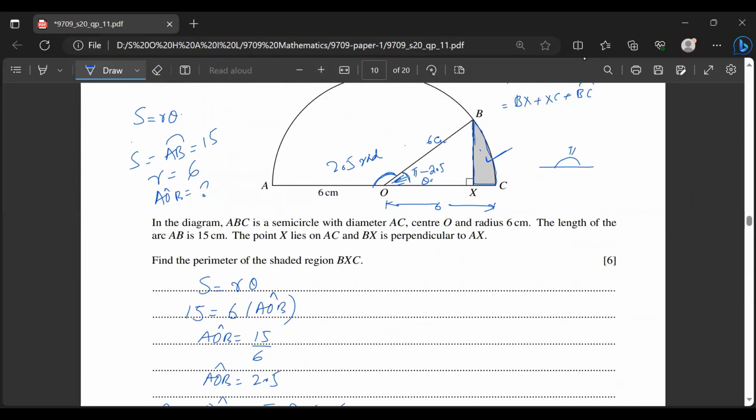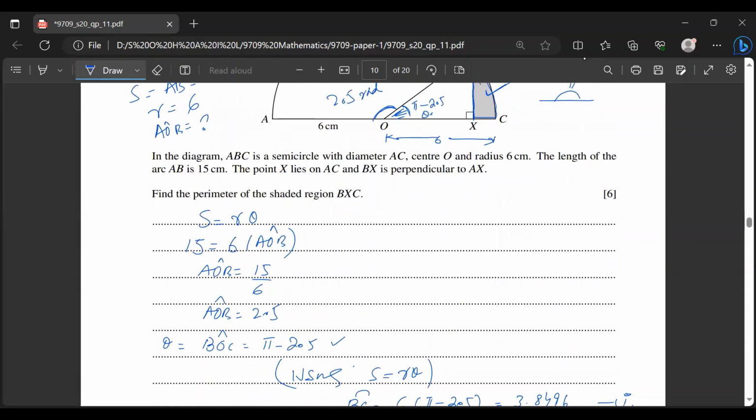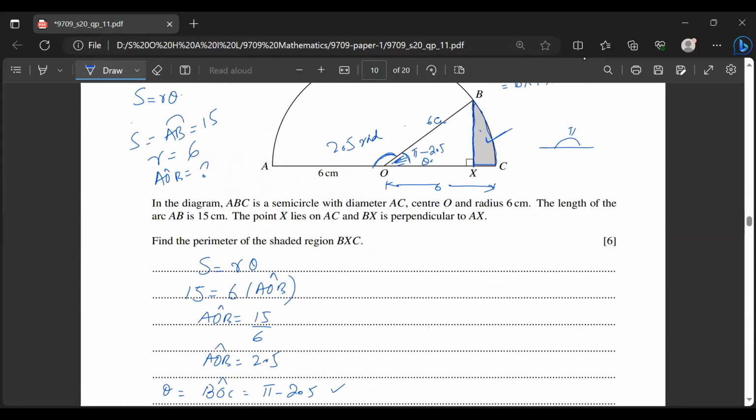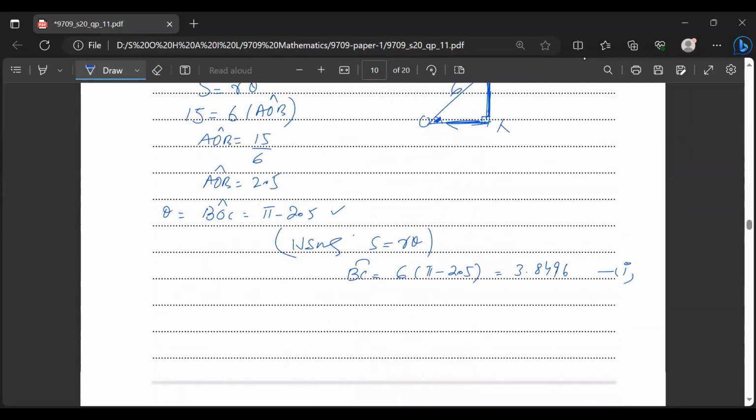Next, we need the length BX, from the triangle OBX. In this triangle, the hypotenuse is given, the angle is given, and there is a 90 degree angle. You can find this length, and also the length OX. Let's find BX first.